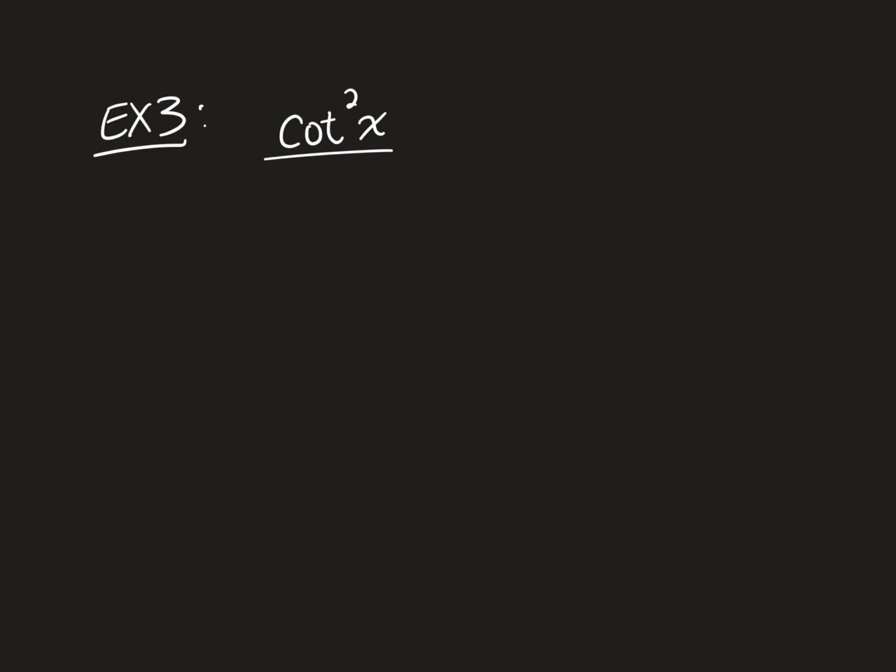So now I've got to figure out what's my strategy. Well, okay. Cotangent squared. We have lots of options. We can, right off the bat, change everything into sines and cosines. We could try to use our Pythagorean identities and see where that leads us. There's other things that you could do here as well.